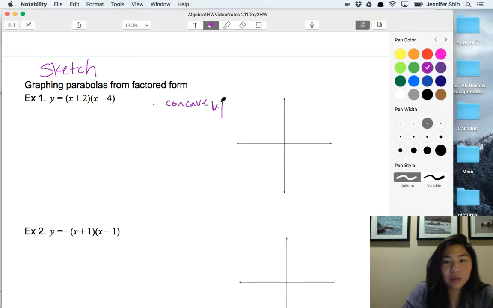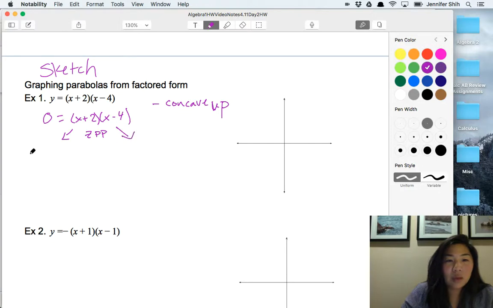The only other information we have so far is that we can figure out where the zeros, or the solutions, are. As a reminder, solutions are where the graph touches the x-axis, and that's where the y value is 0. So we can use our zero product property.